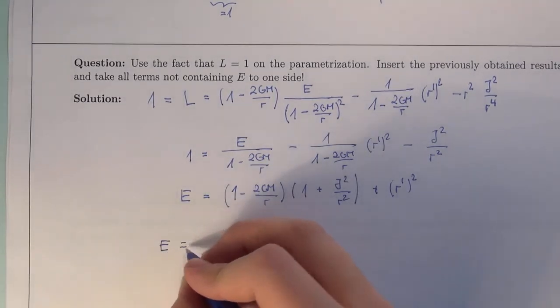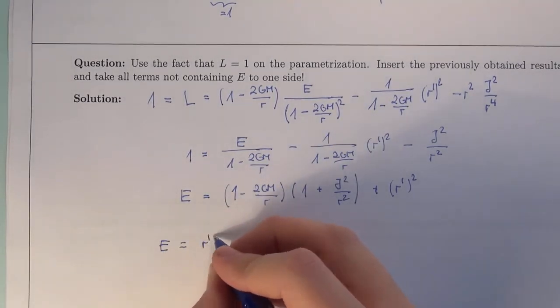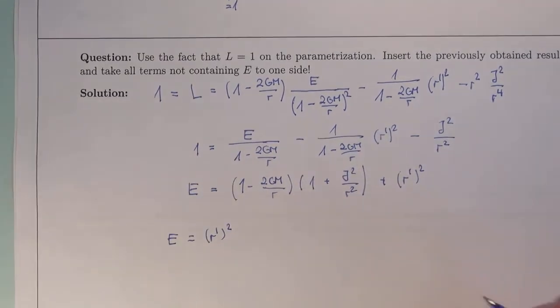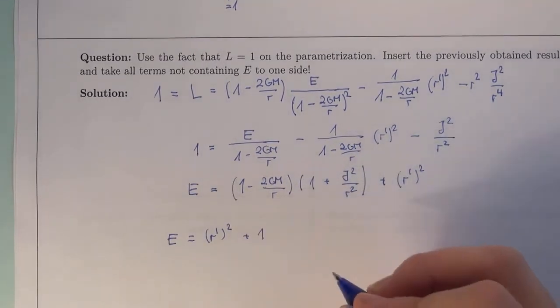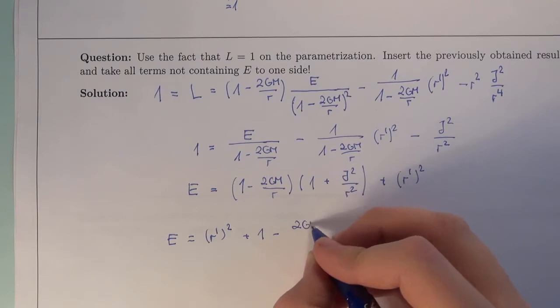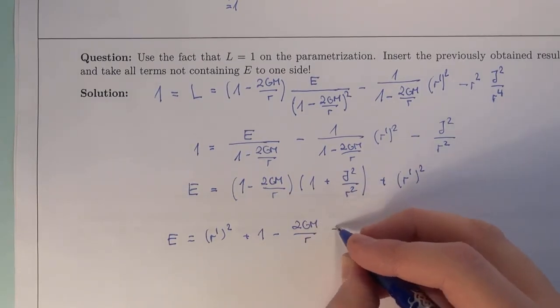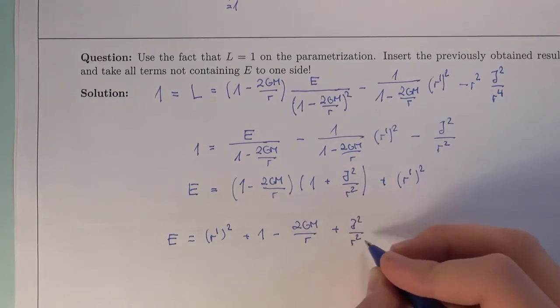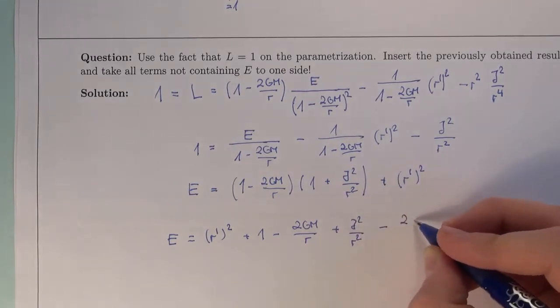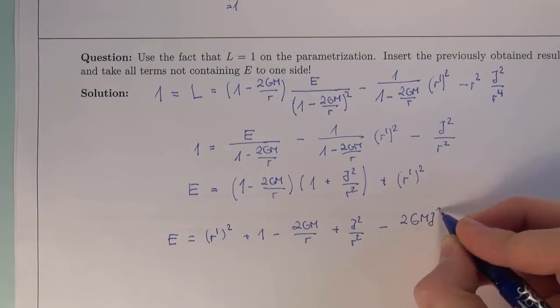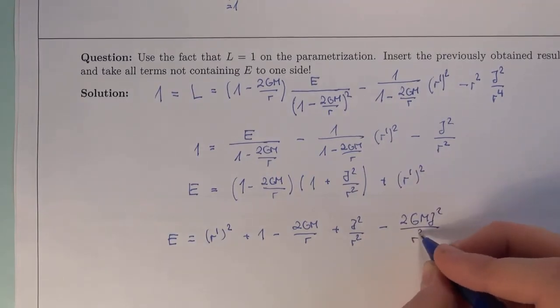So the result will be that E is equal to r prime squared plus (1 - 2GM/r) plus J squared divided by r squared, and the last term minus 2GM J squared divided by r to the power of 3.